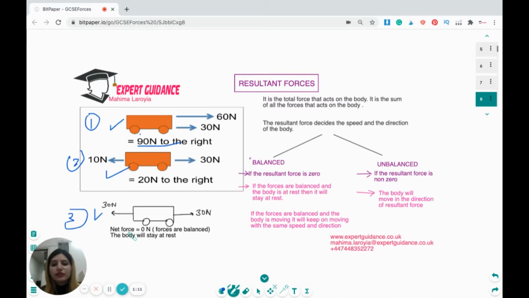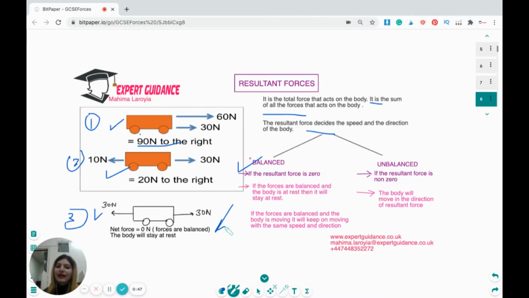Now, what is a resultant force? It is the total force that acts on the body. It is the sum of all the forces that act on the body. The resultant force will decide what the speed and direction of the body will be. The resultant force could be balanced. Balanced is case 3, where the resultant force is 0. If the forces are balanced and the body is at rest, it will stay at rest.